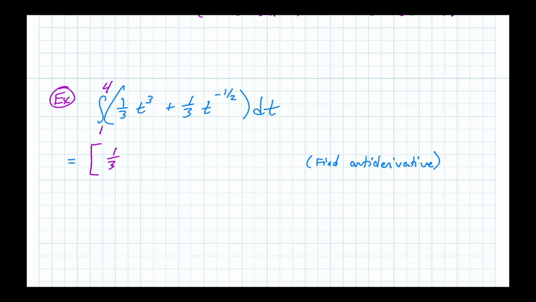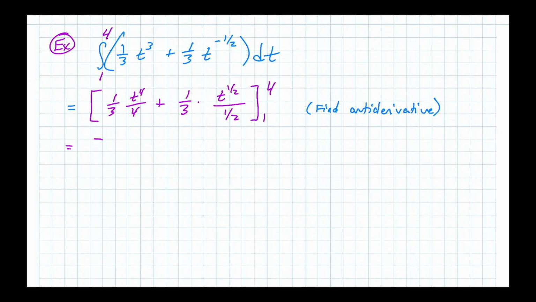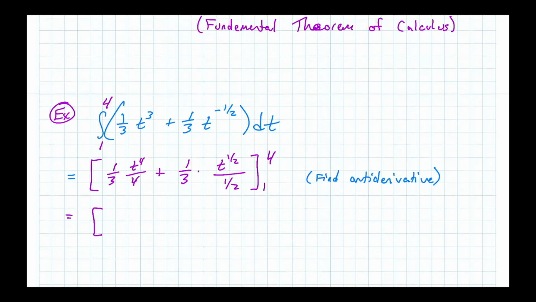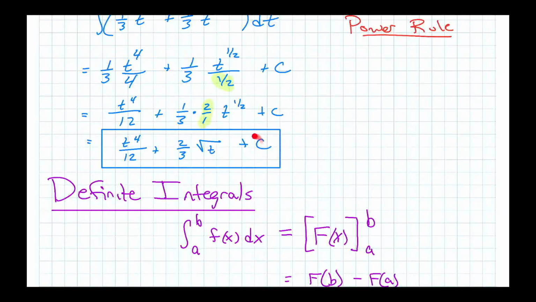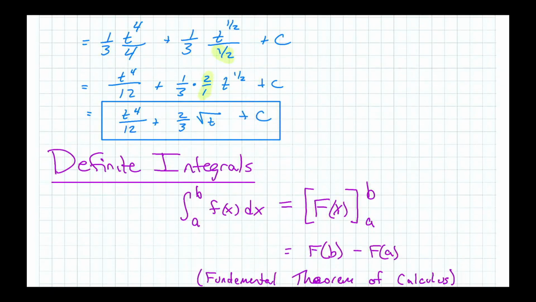So we have 1/3 t to the 4 over 4. Here you've got 1/3, antiderivative of t to the negative 1/2, we just did it, t to the positive 1/2 over 1/2, from 1 to 4. So the only thing that's new is you put the 1 to 4 there, and you don't put the plus c. You don't need the plus c.